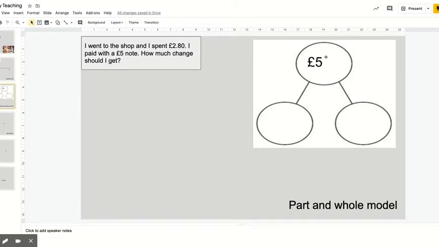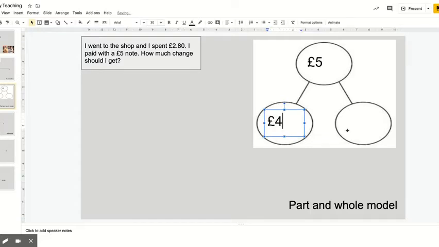So what I'm going to do with that £5 now, in order to work out how much change I've got, is I'm going to partition it. I know I've got to take away £2.80, and it's taking away that 80p that's going to be the tricky part. So I'm going to partition this £5 into £4 and into 100p.